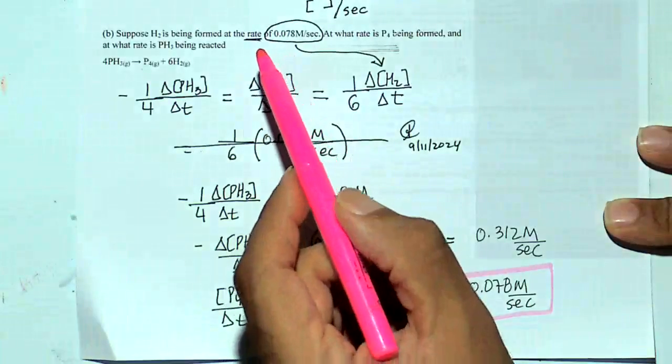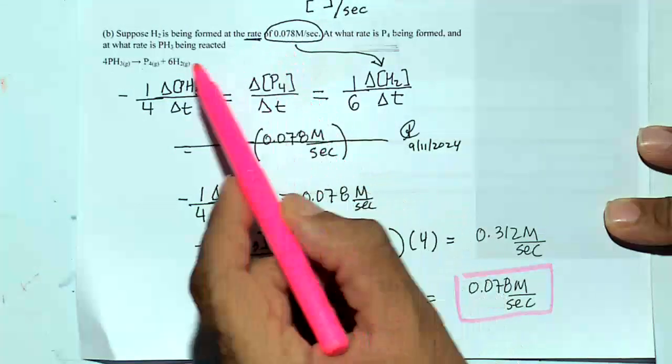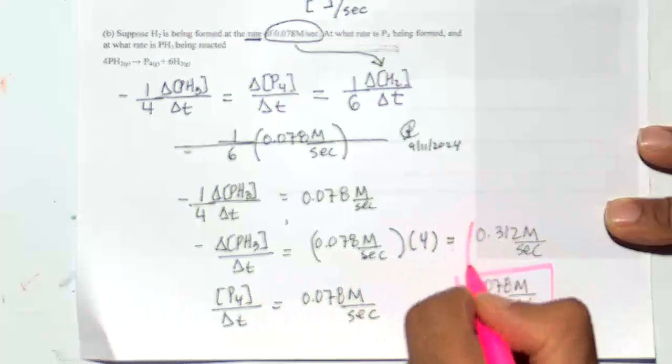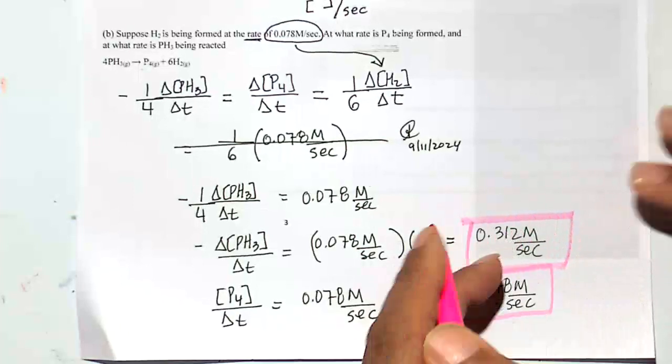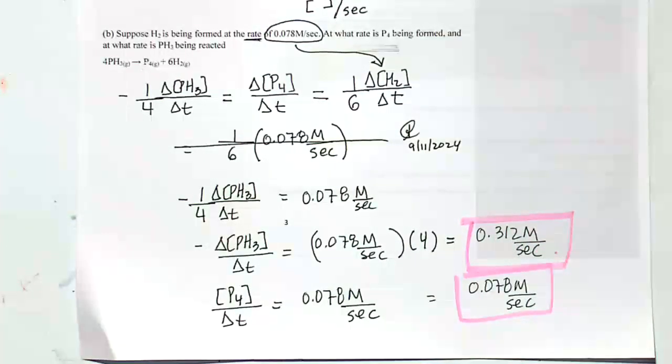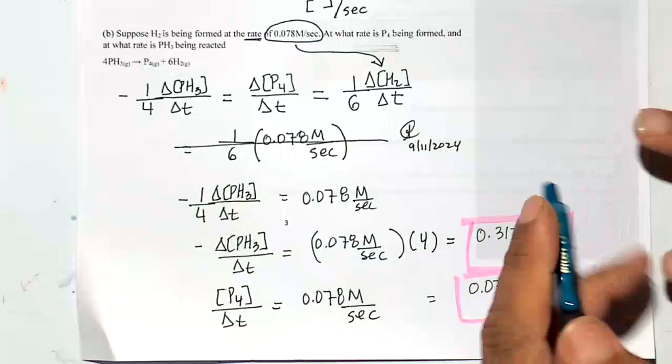This is the rate. And at what rate is PH3 decaying? It's decreasing 0.312 molarity over second.